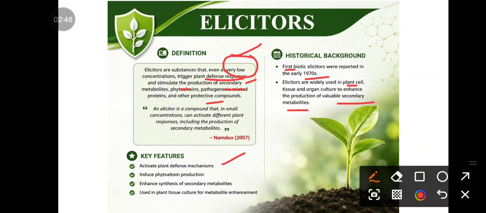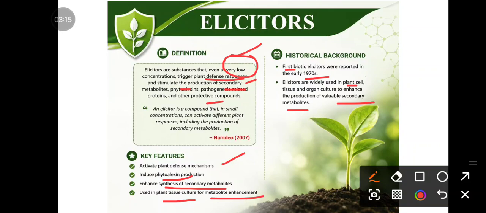Second, it induces phytoalexin production. Third, it enhances the synthesis of secondary metabolites. And fourth, it is used in plant tissue culture for metabolite enhancement. So this is the brief about the elicitor.